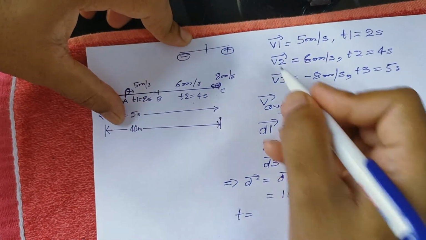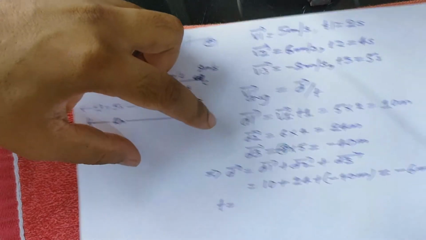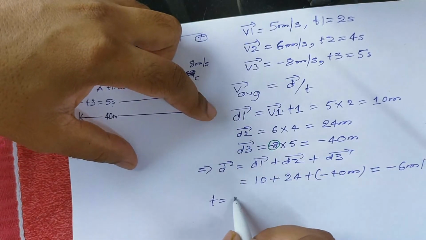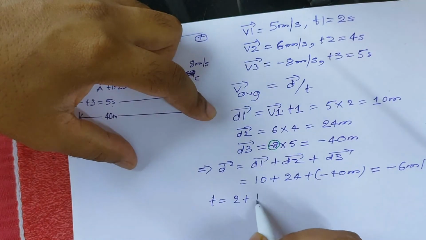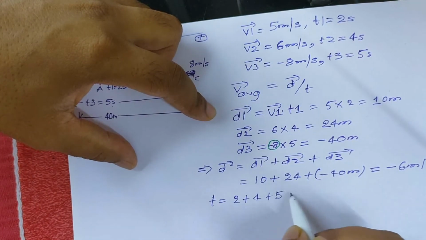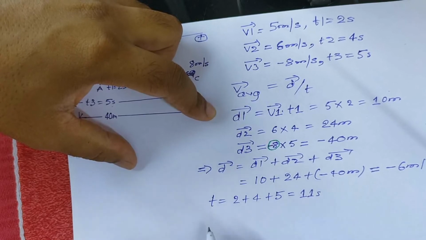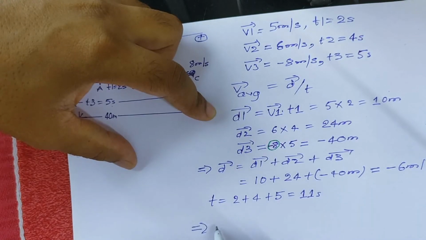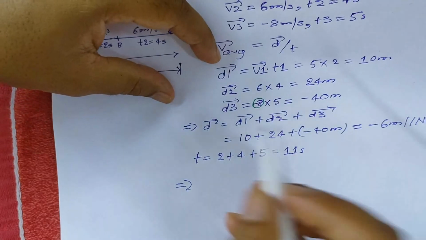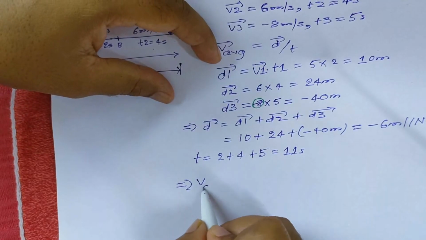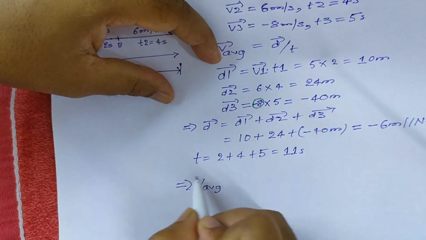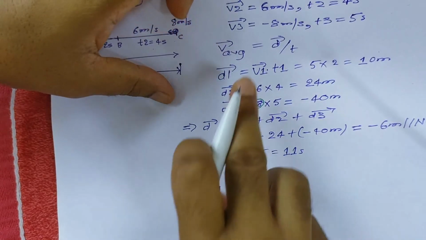Now we can find out the value of t. t is the sum of t1, t2, t3. So it will come out to be 2 plus 4 plus 5, which is 11 seconds. Now we can calculate average velocity. Average velocity will be d by t.